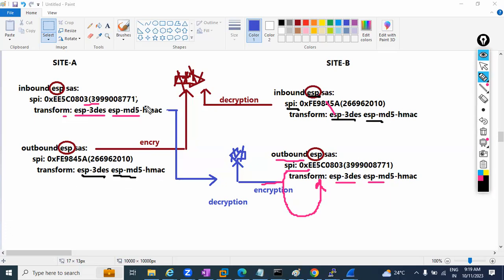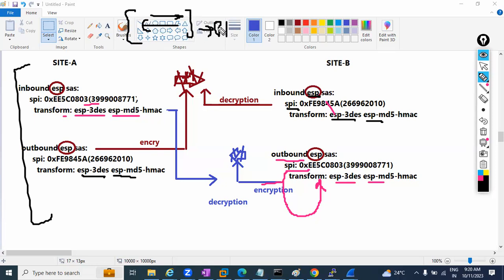So the question is why it's not using the SPI of phase one, which we have already exchanged in phase one. That is valid just for phase one. That is not for phase two. That's the reason ESP and AH headers have their own SPI. Because in both the headers we have seen SPI, the AH SPI we have also seen in the header, and then we have seen it in ESP also.